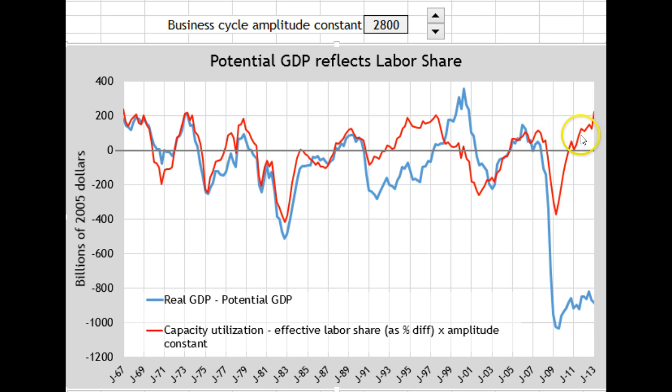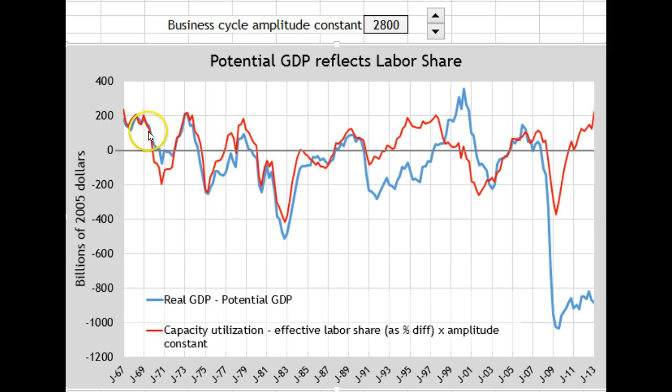So just to recap here, the relationship is this zero line. It's potential GDP. You have real GDP moving up and around it. And the zero line is also effective labor share, where you have capacity utilization moving up and around it.